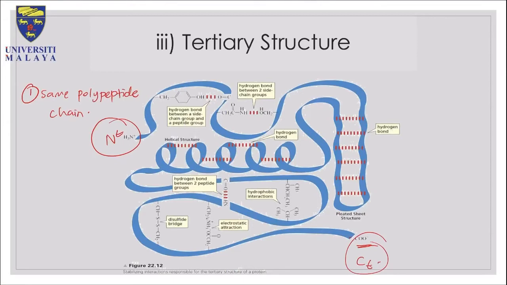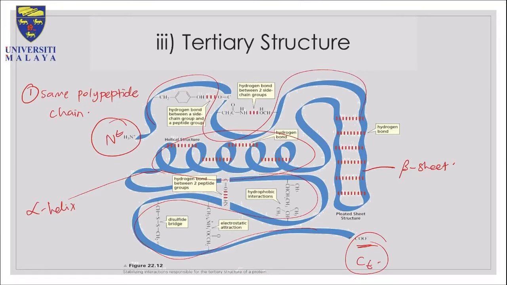What makes it different is that in the tertiary structure, you do have multiple secondary structures. Over here you have a beta sheet, and over here you have the alpha helix, or simply just helix, and you have a random coil everywhere else. When you have a mix of secondary structures like this, this is what you call the tertiary structure. As simple as that.